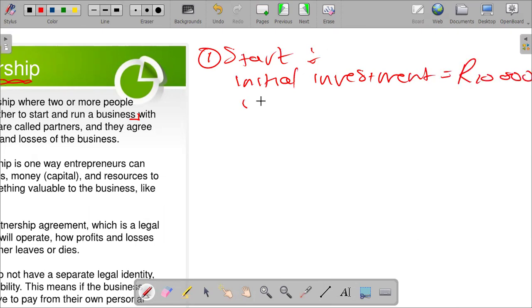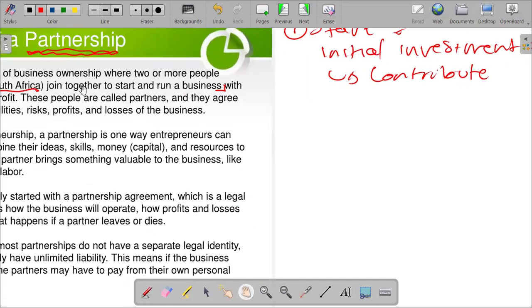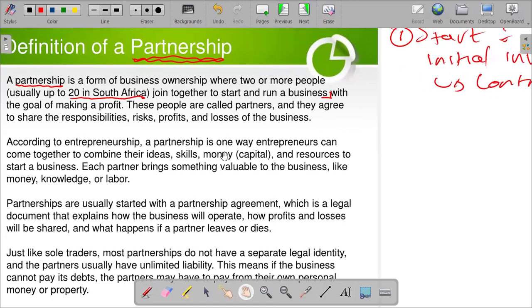So each partner will contribute the 10,000, according to the initial investment. You come together to start, you find the initial investment of 10,000, and then you run the business. From there, you decide who will do what within the business. That's how you run the business.